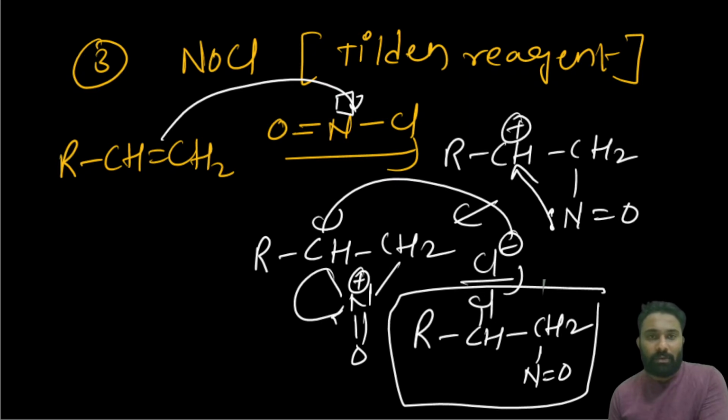Done. Now the next type of reactions, very important reactions that we are going to see, also appear in our alcohol chapters. In the alcohol chapters also we are going to see this type of reaction. What is the first one?